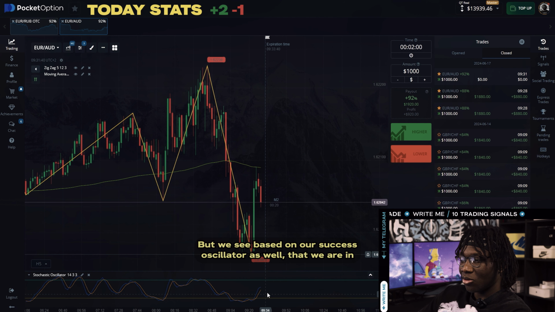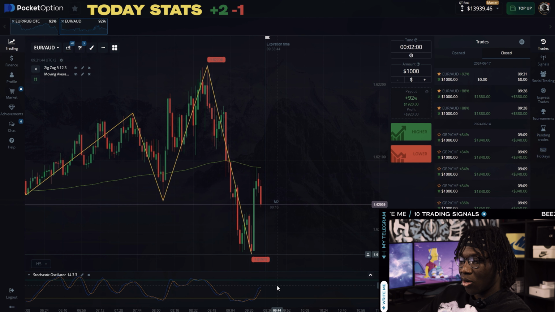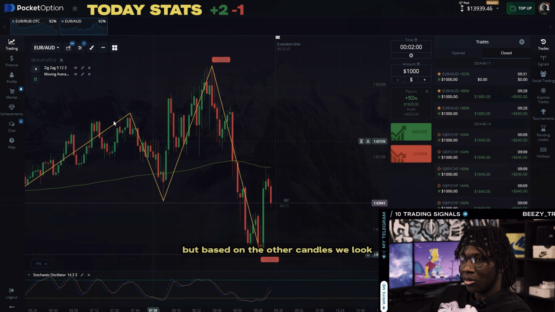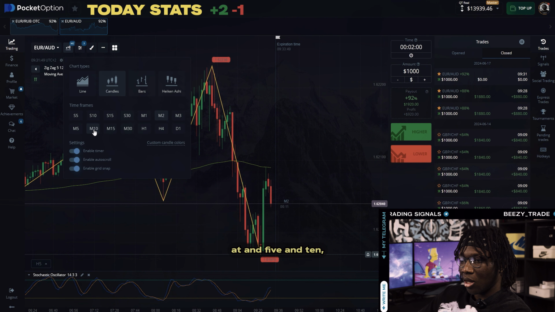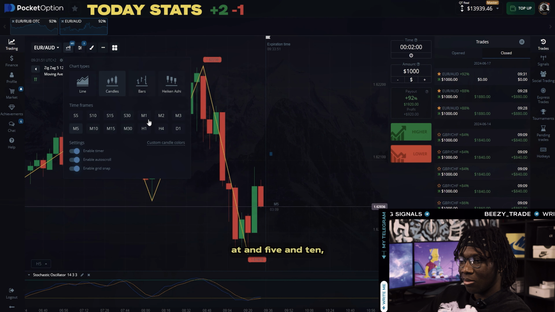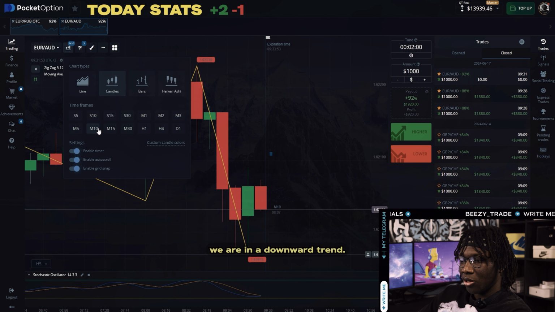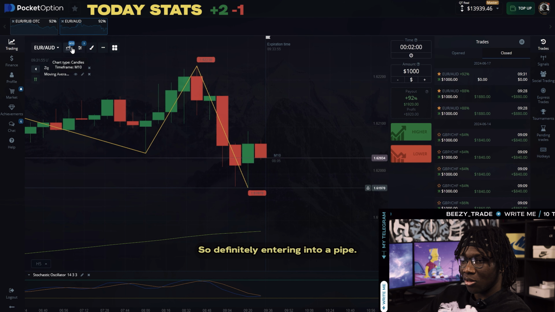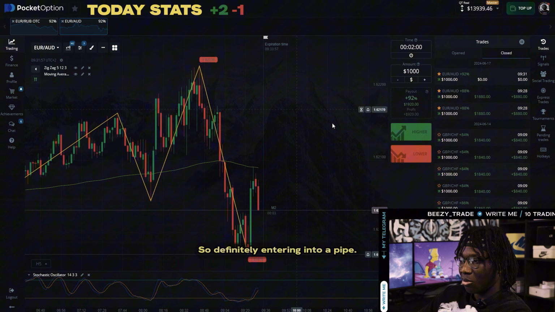But we see based on our stochastic oscillator as well that we are in an upward trend. But based on the other candles, we looked at M5 and M10, we are in a downward trend. So definitely entering into a pivot.